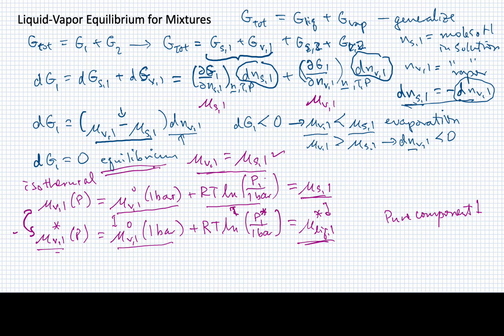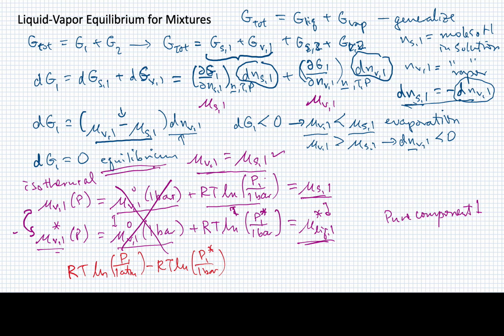So when I subtract these two equations, on the left-hand side these terms are going to cancel, and I'm going to end up with the following. I'm going to put this in a different color. I'm going to have RT log of P over 1 atmosphere, and remember, this is P1 of the solution, minus RT log of P1 of the pure liquid. Both of these are with respect to component 1.